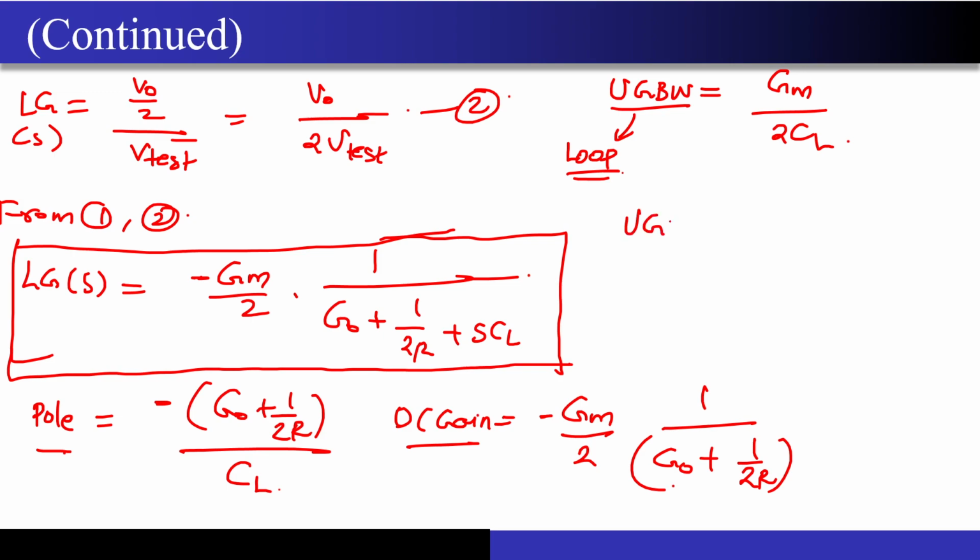So now if I write the UGBW of the open loop OTA, that half factor will be gone and the unity gain bandwidth will increase to Gm by CL. Remember from the expressions, why did this unity gain bandwidth increase for the open loop system? You just revise what we had discussed in the earlier classes.